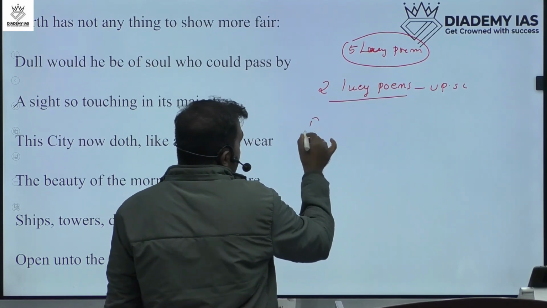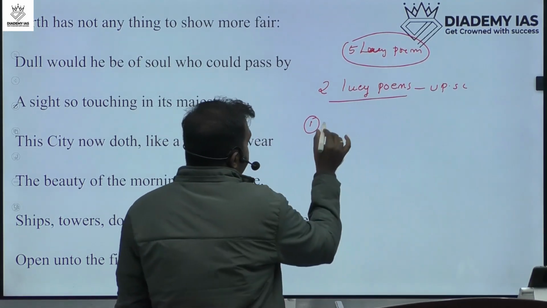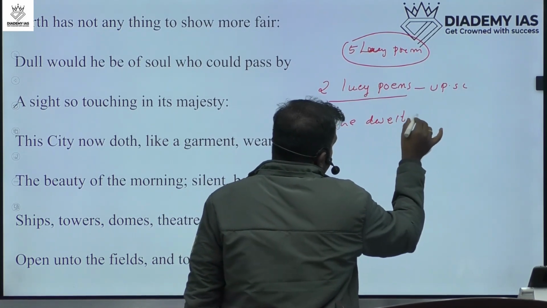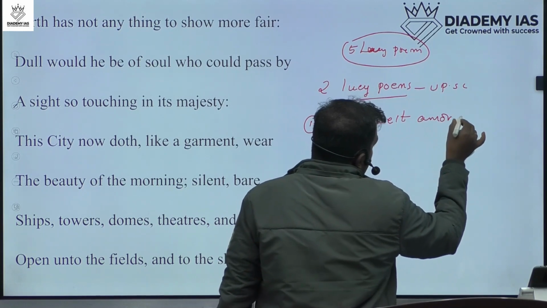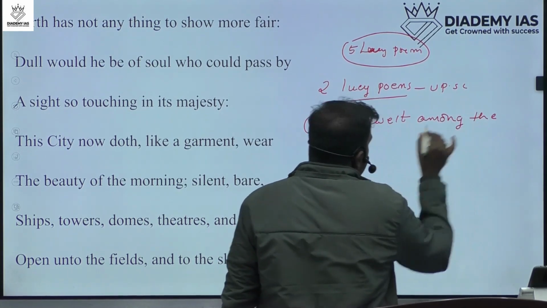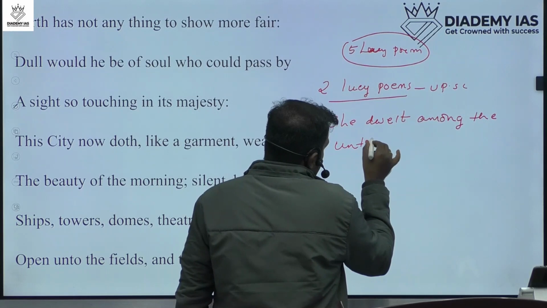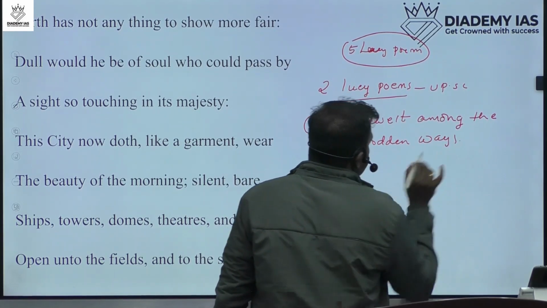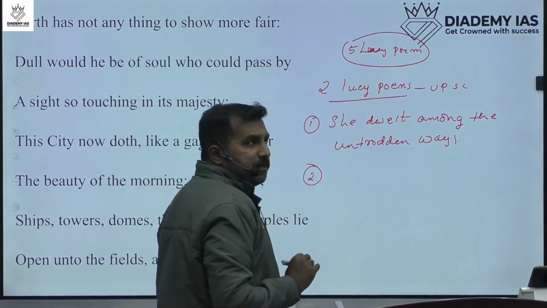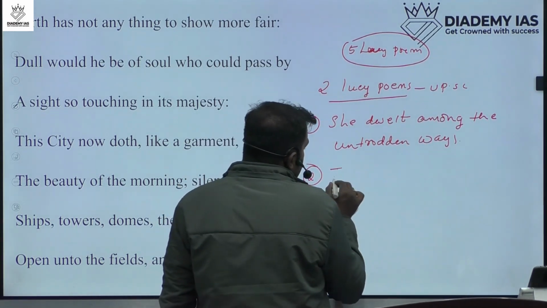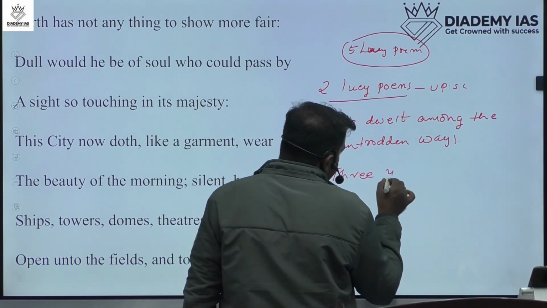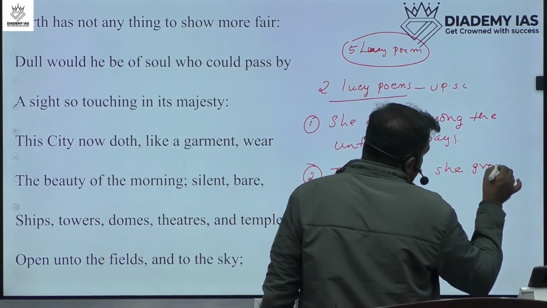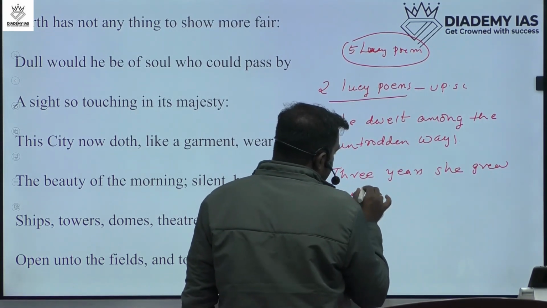Which are the 2 poems? First one is She dwelt among the untrodden ways. And the second poem is Three years she grew under sun and shower.